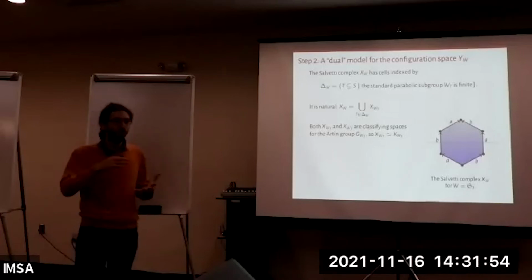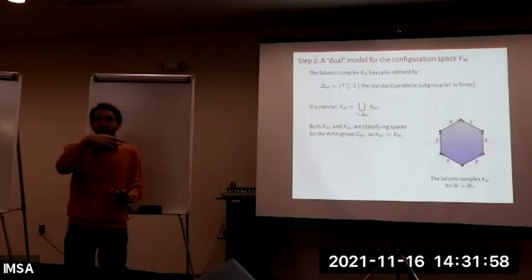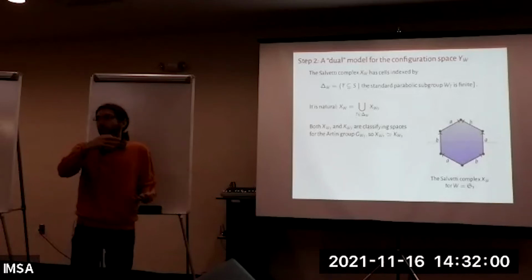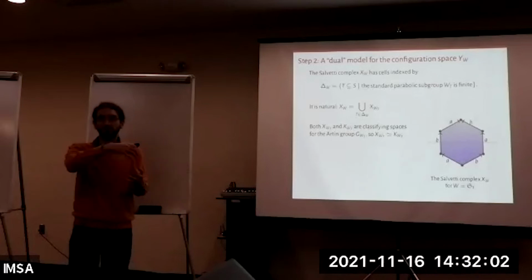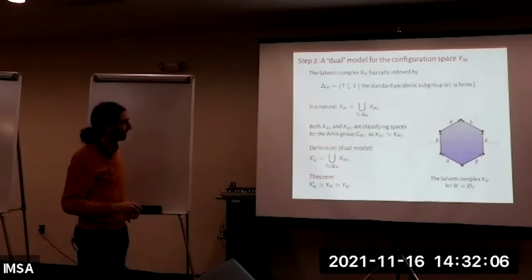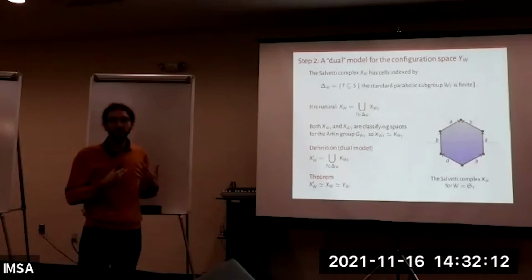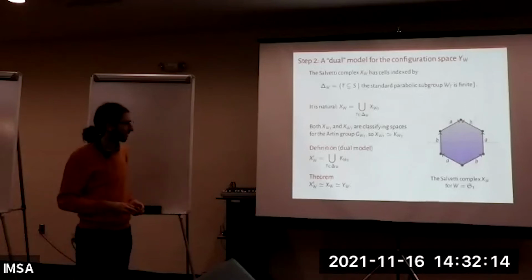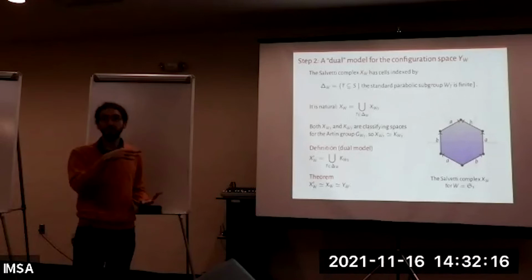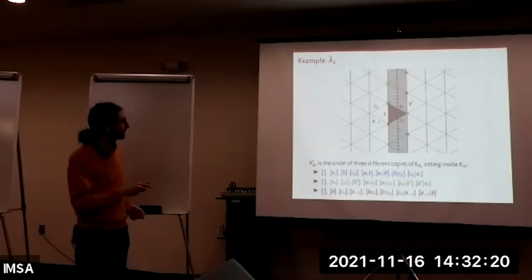So basically, we took the standard Salvetti complex and we replaced all the cells with their dual counterpart, which almost by definition gives us an equivalent complex, which sits inside our KW. And this is the example A2 tilde.